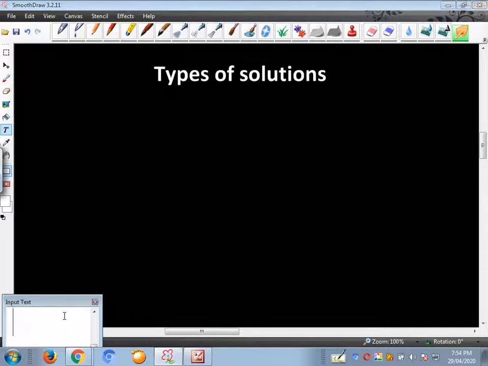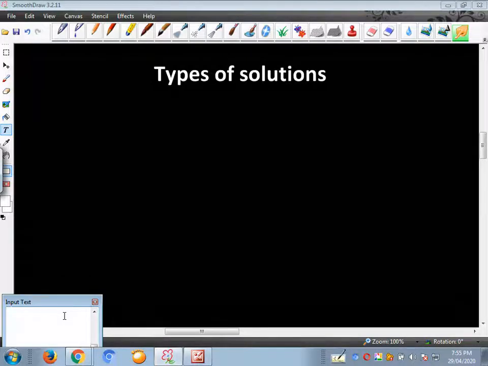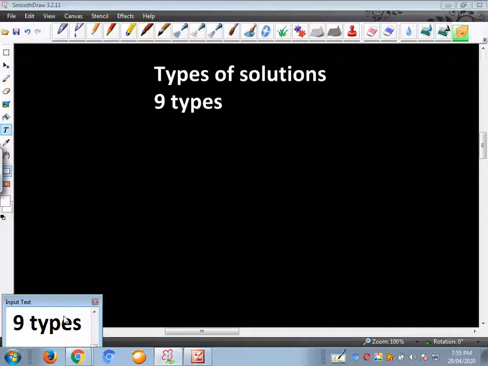Before I discuss, we know that matter exists in three forms: solid, liquid, or gas. Now, the solute and solvent may be either solid, liquid, or gas, or vice versa. You know what we mean by vice versa? If solute is a gas, it may also be a solvent. If solid is a solvent, it may also be a solute. Like this, totally there are 9 types of solution.